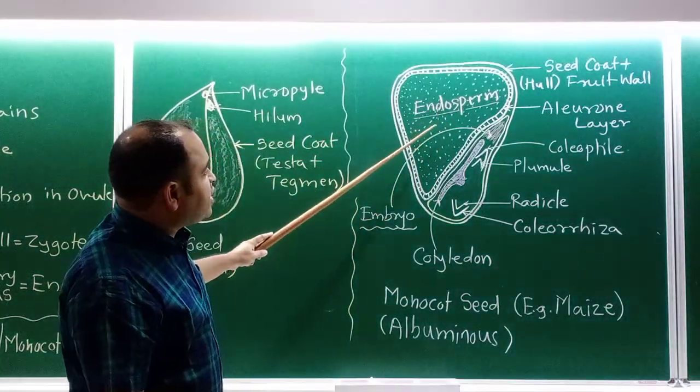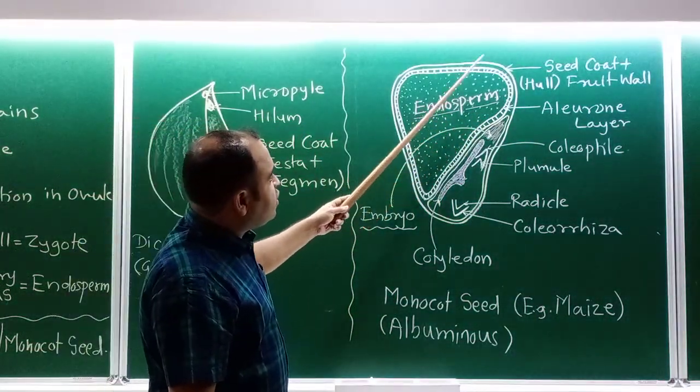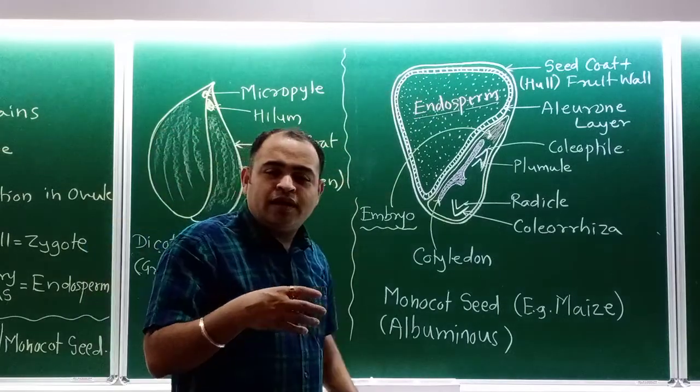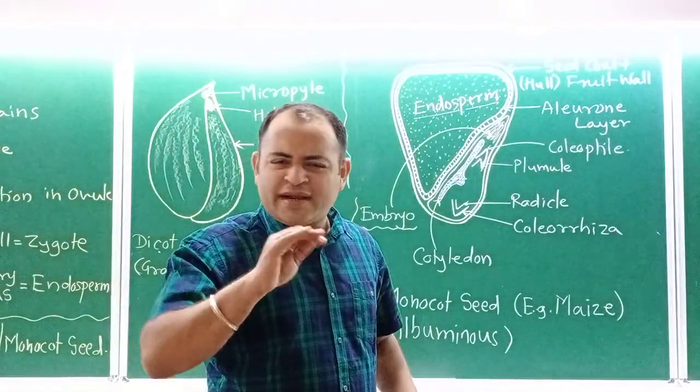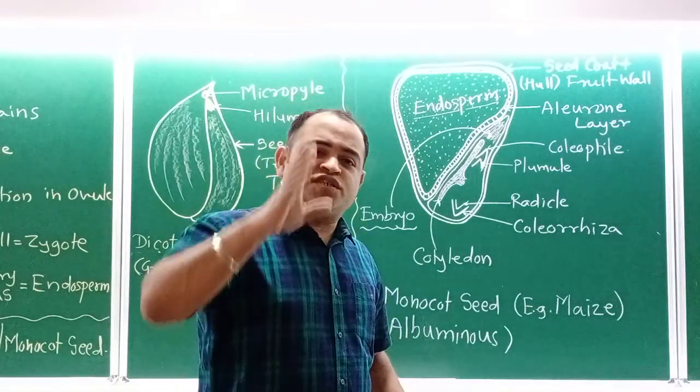So this is the typical endosperm, and it is present within the aleurone layer. It's a jacketing layer. It is not any specialized layer.